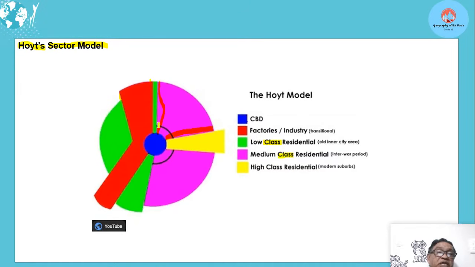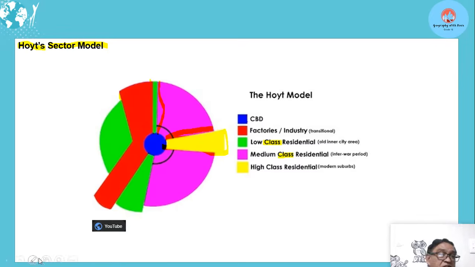Now we use the word income. That makes a lot of sense, that the low income will be closest to the place of work, which is the industries, and then the high income can afford to be furthest away. So he spoke about sectors in the form of wedges that seem to form.